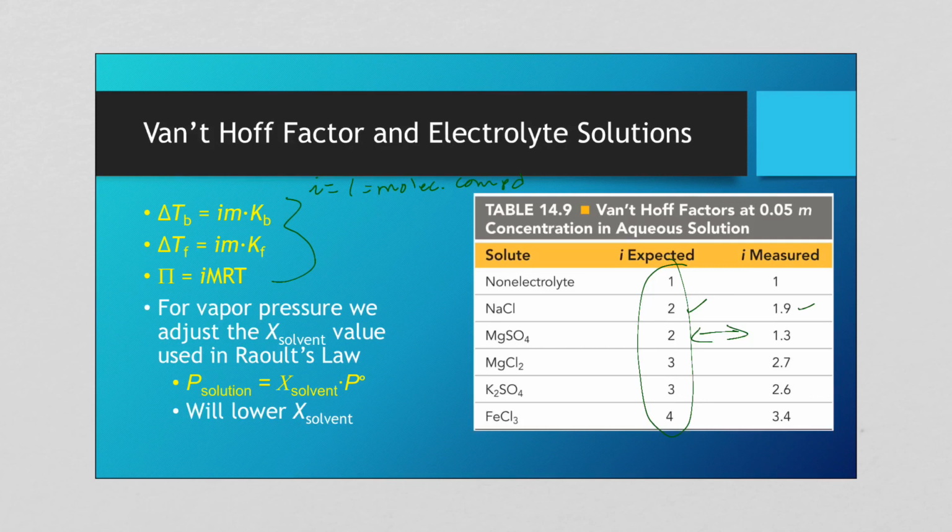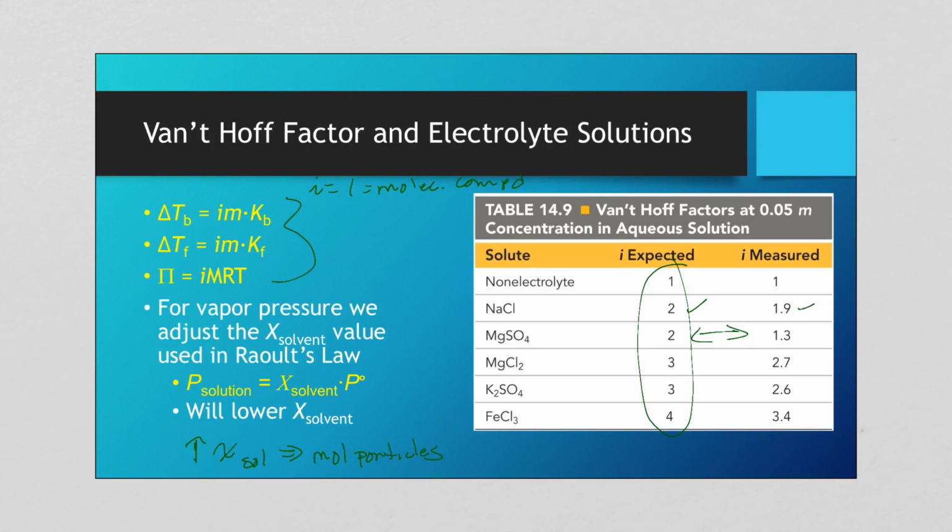Having a Van 't Hoff factor is going to raise the mole fraction of solute, because now we have more particles. So really what we're looking at is moles of particles. If 1 mole of molecules equals 1 mole of particles, then moles of compound equal moles of particles. But if I generate more particles, then I need to take that into account, so we calculate moles of particles.